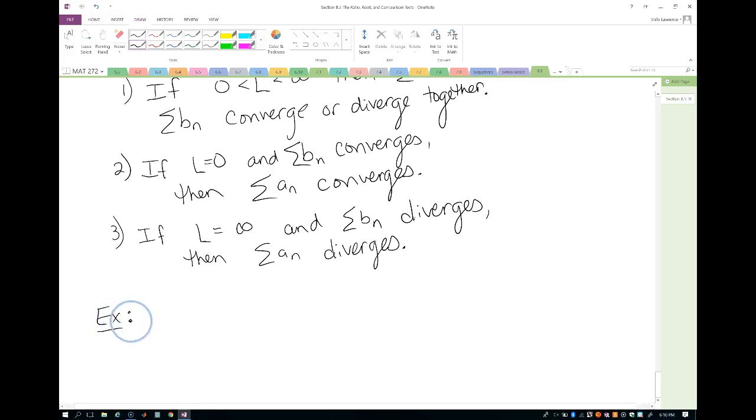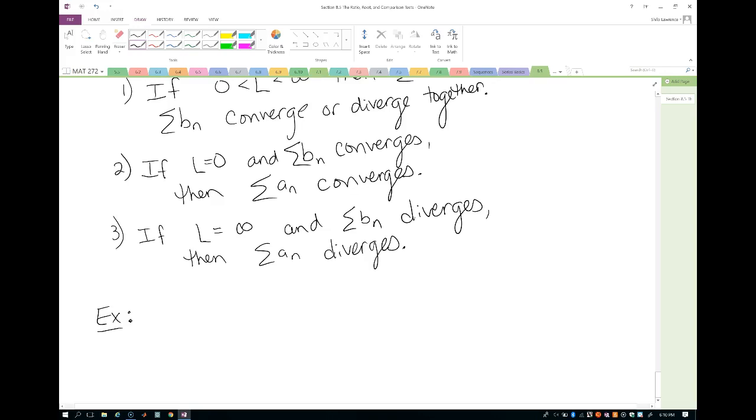The limit comparison test is nice for when it looks like we have a specific type of series, except there's just one part of it that's off. Like if we had a geometric series, and geometric series are a times r to the n. The only variable we see in those is in the exponent.